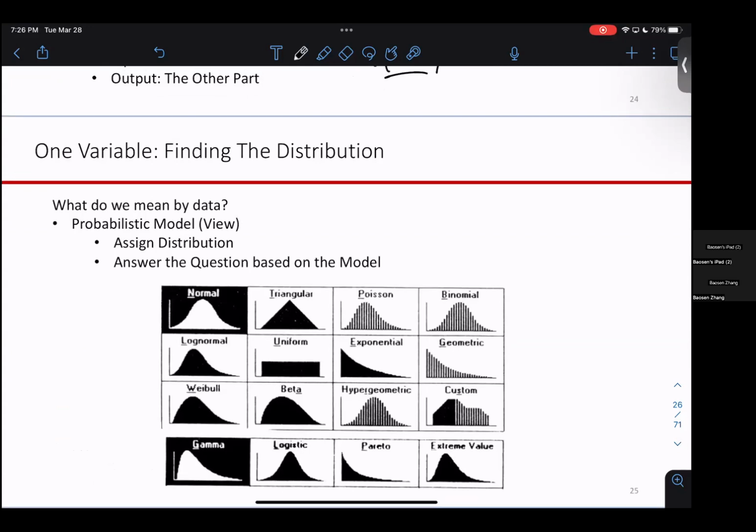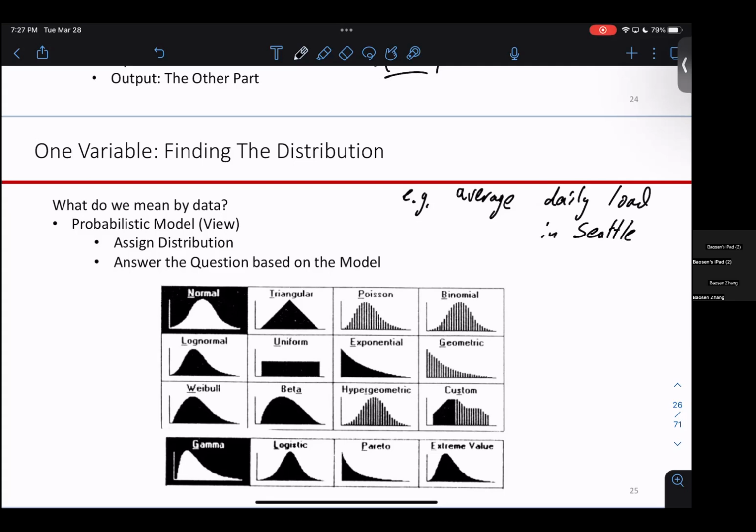Okay, so again, let's think about a single variable. A single variable means, for example, the average load, let's say in Seattle.